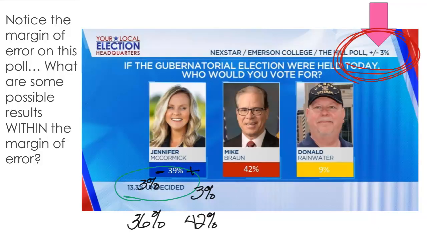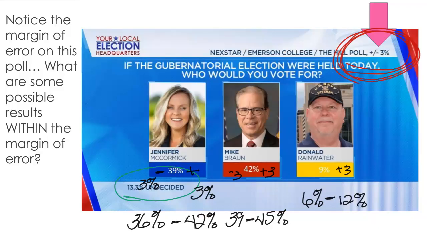If we go to Mike Braun, 42% plus 3 would be 45%. If we go to the minus 3, that would be 39%. And Donald Rainwater, 9%, plus 3 would give 12%, minus 3 would give 6%.